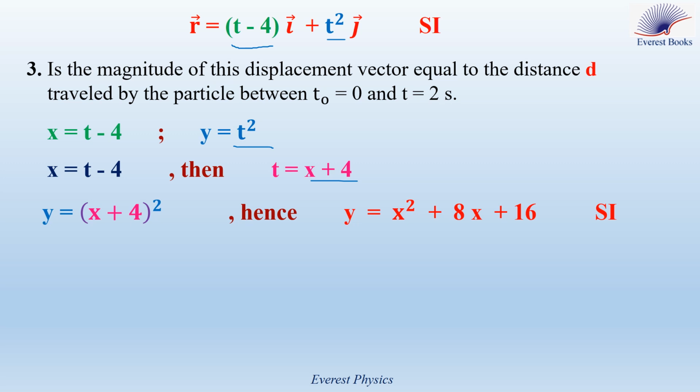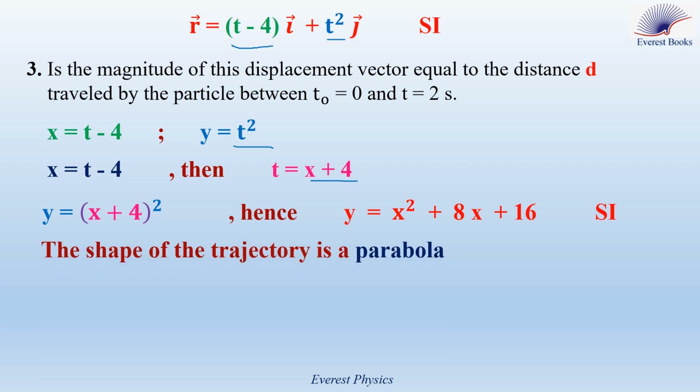Since y has the form of ax squared plus bx plus c, where a, b, and c are constants, therefore the shape of this trajectory is a parabola or has a curved shape. Therefore, the magnitude of the displacement vector is not equal to the actual distance d between time 0 and time 2 seconds.